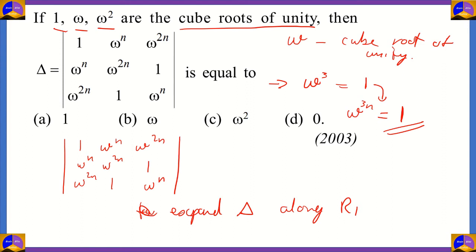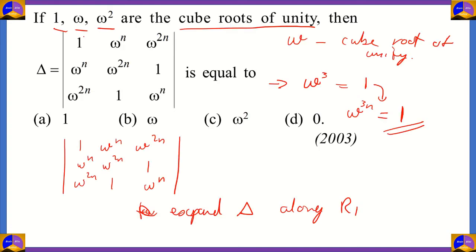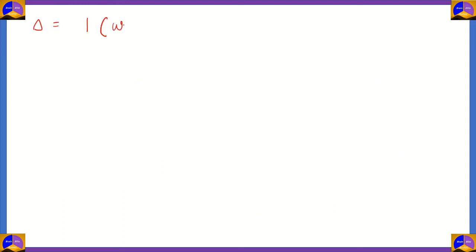Expanding delta along R1, you will get delta is equal to 1 times, so this is the first term, and then we hide out the elements on the same row and same column. So you have this determinant, which we can write as omega raised to 2n times omega raised to n minus 1 times 1.